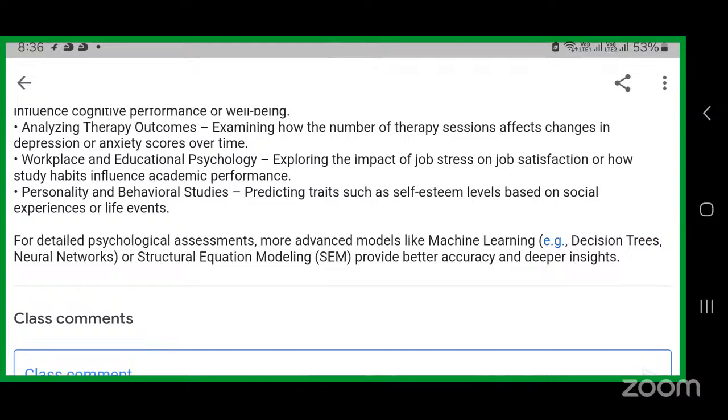And I have discussed the advantage, disadvantage, or the limitations of the logistic regression, and when you can use the logistic regression. Besides, I have mentioned some of the advanced models of machine learning that can be used to provide better accuracy and deeper insights about the data.